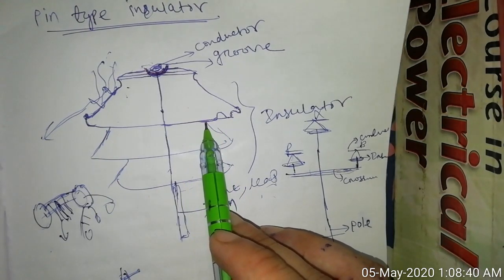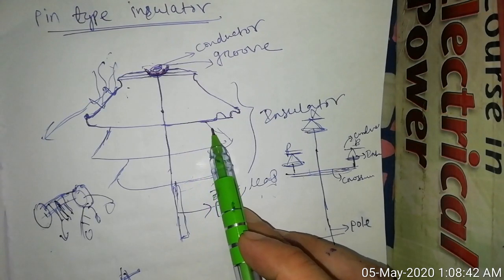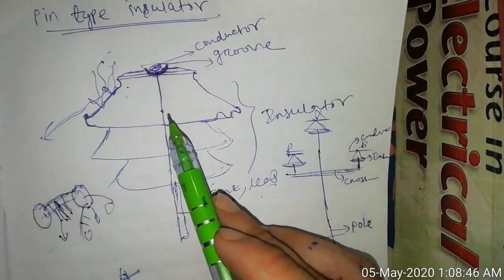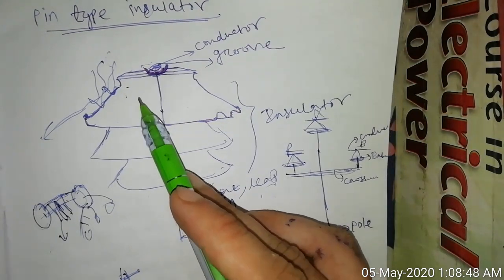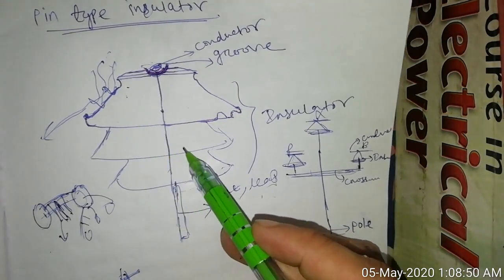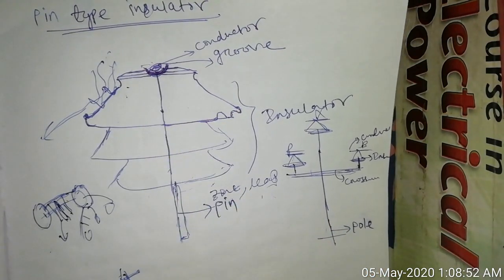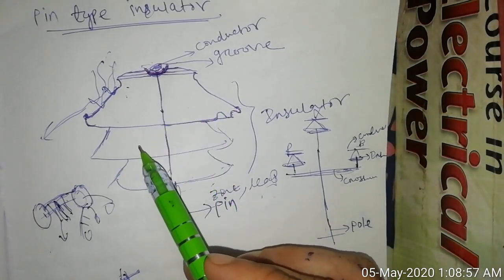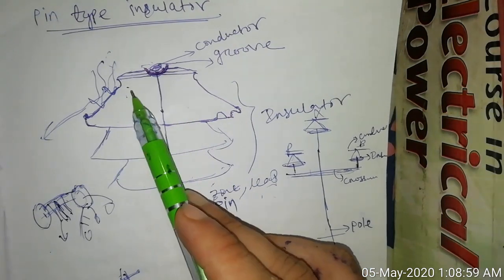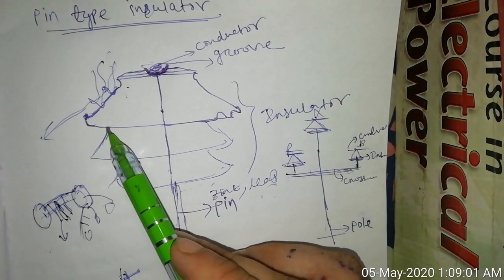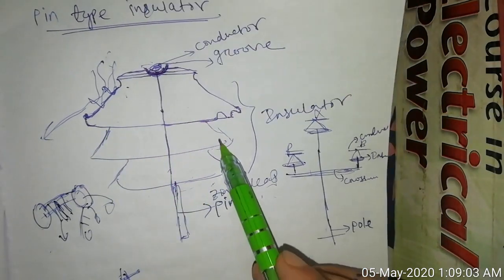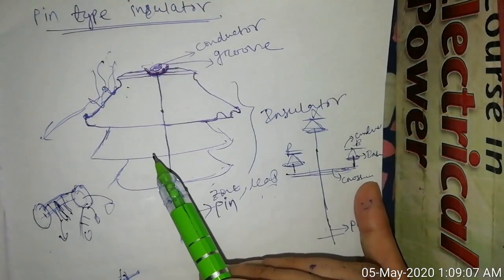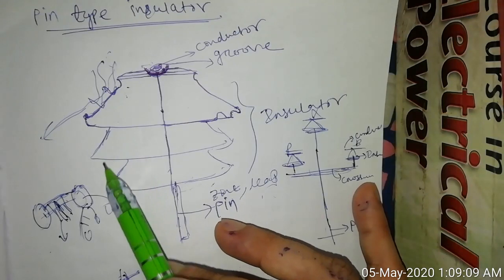The insulation resistance will drastically decrease, and if the insulation resistance decreases, more leakage current will flow, and it will heat the insulator and the insulator may get damaged. So this umbrella-like structure will prevent the inner sides of the insulator from getting wet, so that it will always be dry.